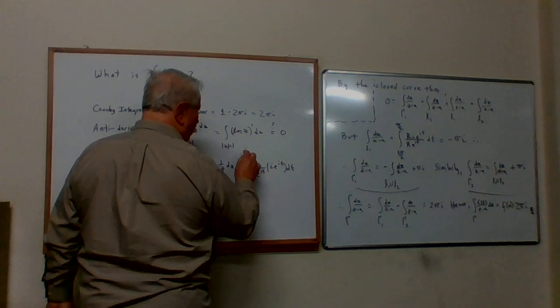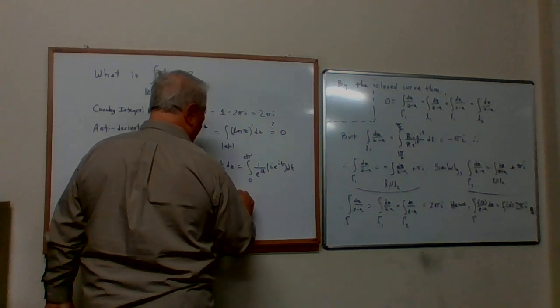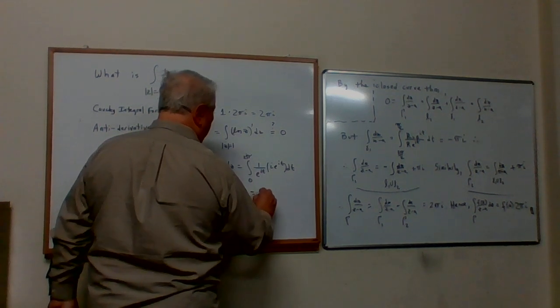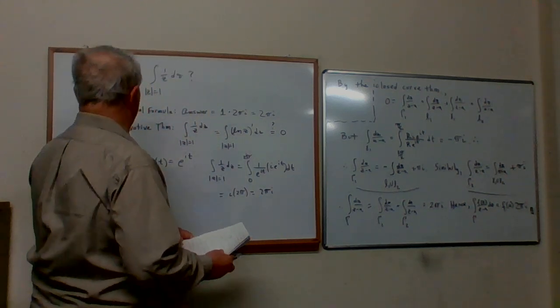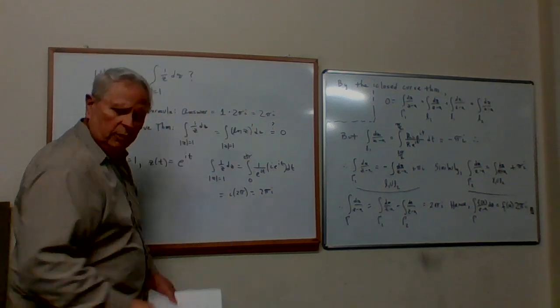I evaluate it from 0 to 2 pi, so I get 2 pi minus 0, which is 2 pi. And so again, the answer is 2 pi i. So it looks like the votes are in favor of 2 pi i rather than 0.